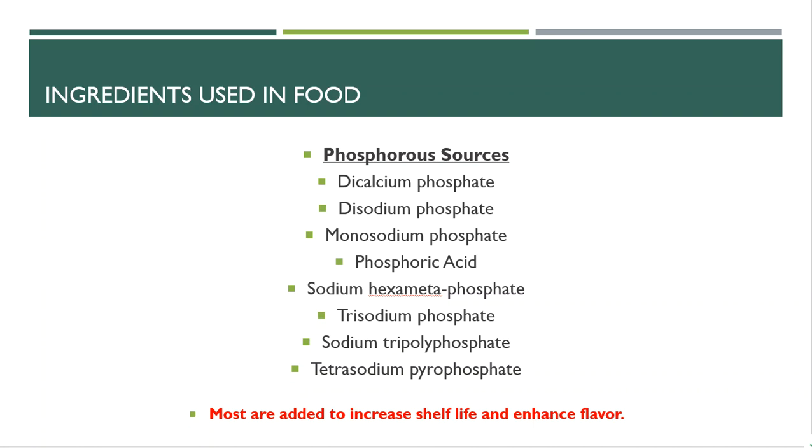Again, most of these are used as preservatives. Most of these are used to, quote, enhance the flavor. And some of them are found in the additives that they put in for colors and everything else known to man.